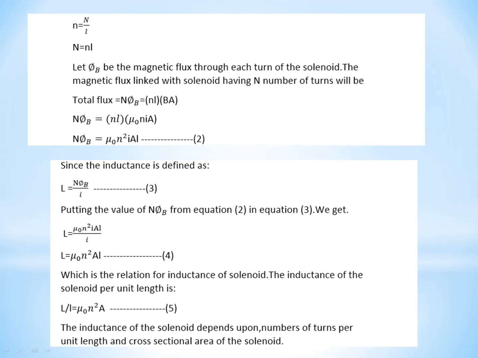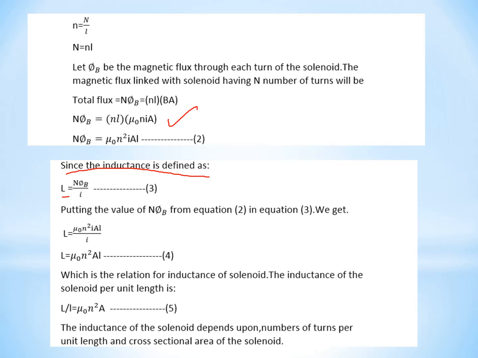Let phi be the magnetic flux linkage through each turn of the solenoid. So we are going to calculate the total flux, N phi B, in the magnetic field. We know the flux is B A. Substitute the values here for magnetic field, flux and number of turns to calculate the inductance.